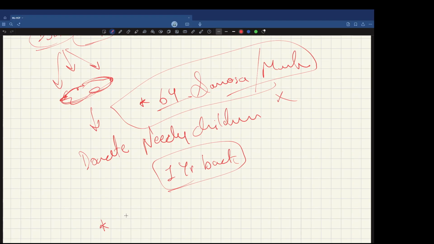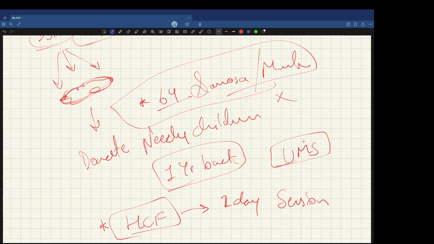We are going to organize a one day session through HCF. We are having a talk with an upper middle school, from first class to 12th class, a government UMS of Bihar. I won't reveal the school name right now because the deal is not yet completed, but mostly yes, they are very happy. So it is a one day session on two topics. First, career guidance.